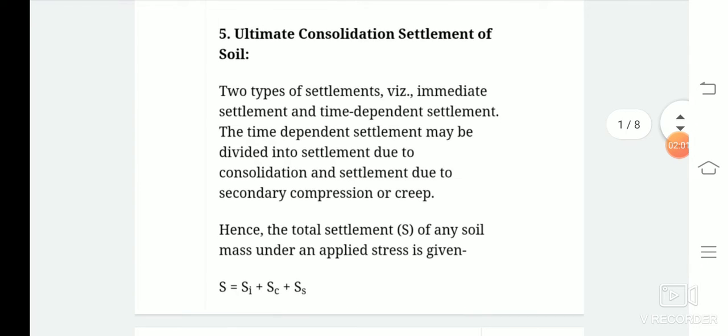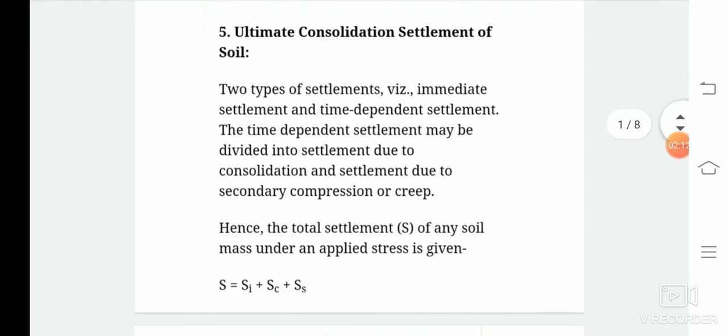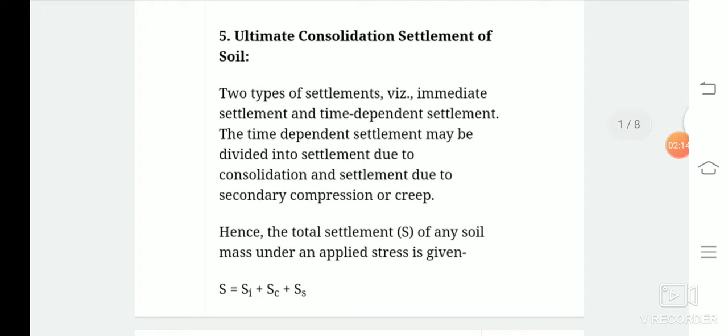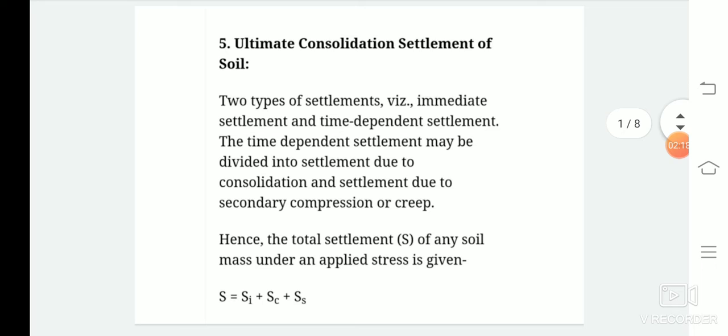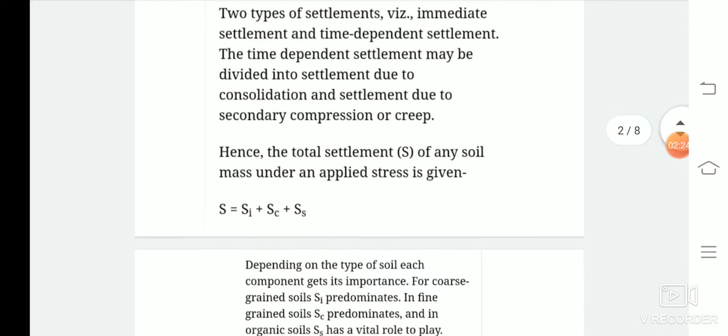Hence, we can divide the total settlement into three parts, that is S equals SI plus SC plus SS, where SI is the immediate settlement, SC is the consolidation settlement, and SS is the secondary settlement. In this unit, we are going to study the settlement part which is time dependent.